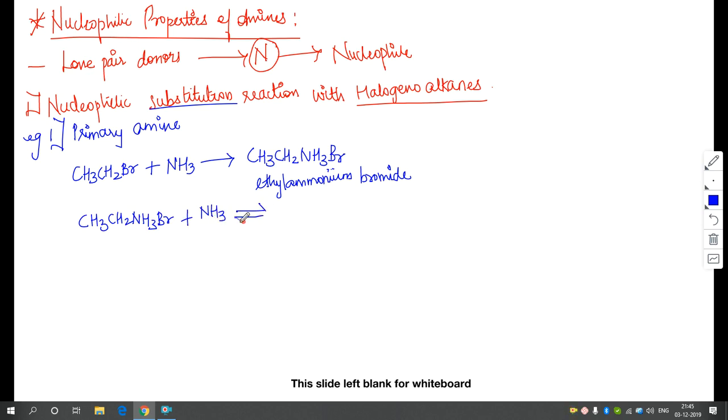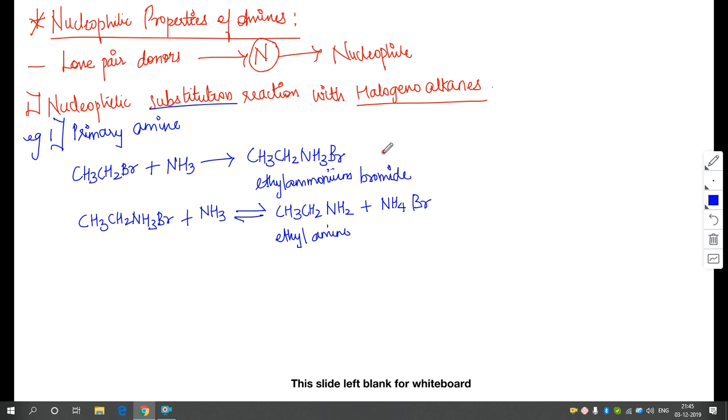It is a reversible process where I get CH3CH2NH2 plus NH4Br. Here I am getting my proper primary amine, that is ethylamine. You understood how it is happening? Two steps, it's just a substitution reaction.